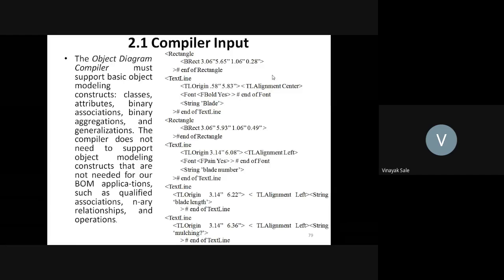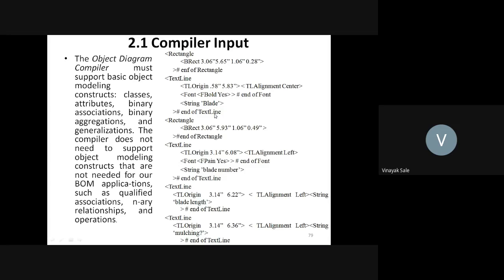Here we have taken alignment as center. Then the font of the text line should be bold, then end of font. Then the string, suppose blade. Then end of text line.